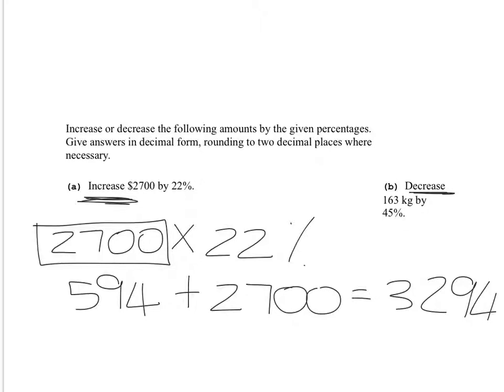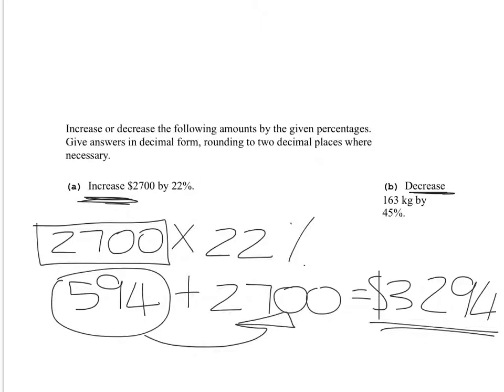And then we look, it was dollars, so we put the dollar amount in. So if we increase 2,700 by 22%, the final answer will be $3,294. So you're multiplying it as you normally do when you did "of", and then you're adding that amount to your first base amount. Let's have a look and do the decrease one.